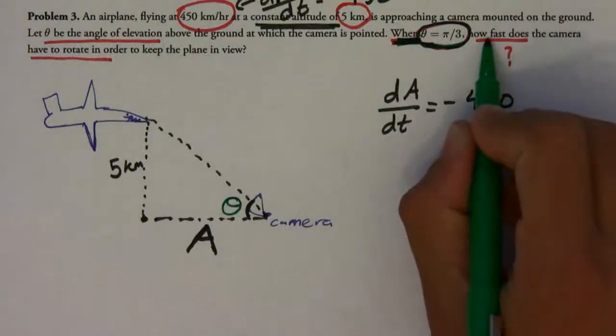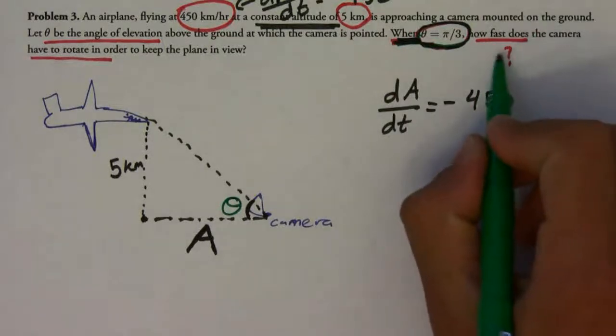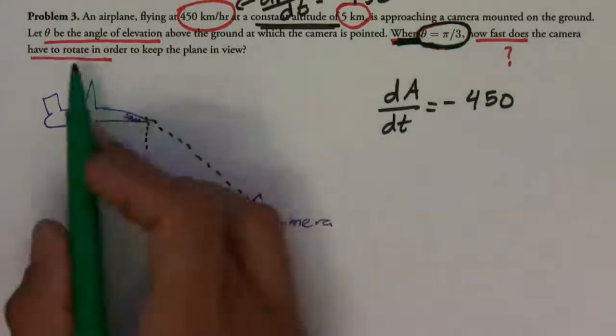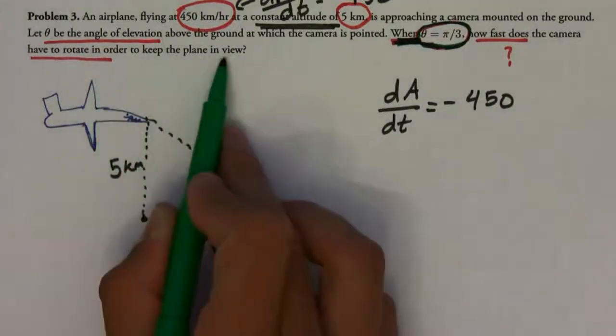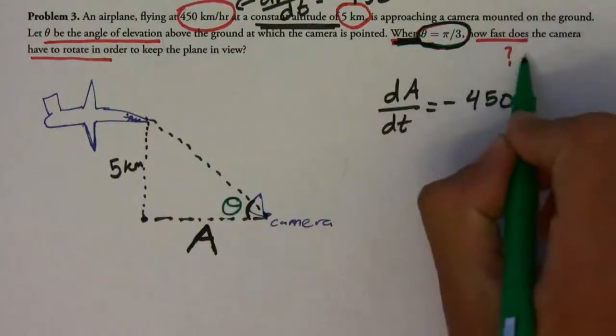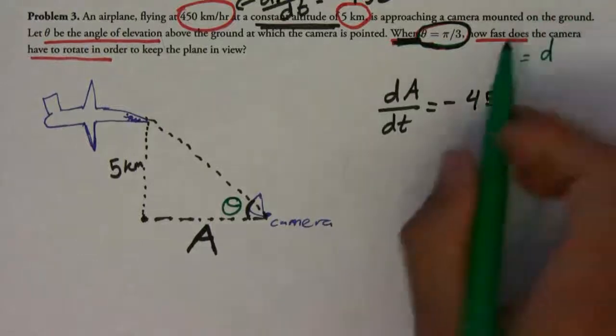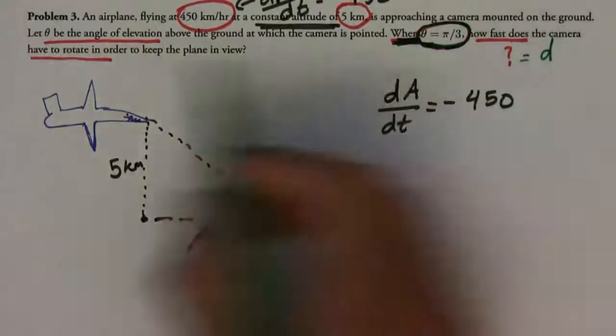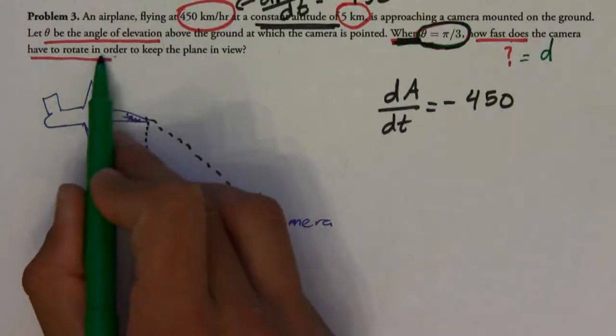Okay, now here we have to make sure we understand what exactly we're looking for. This is asking how fast does the camera have to rotate in order to keep the plane in view. Okay, so how fast, that means we're talking about the derivative, because derivative is a rate. Now, how fast does the camera have to rotate?